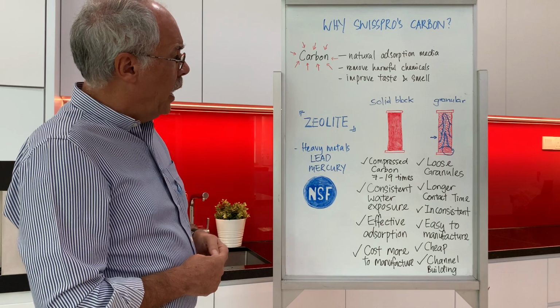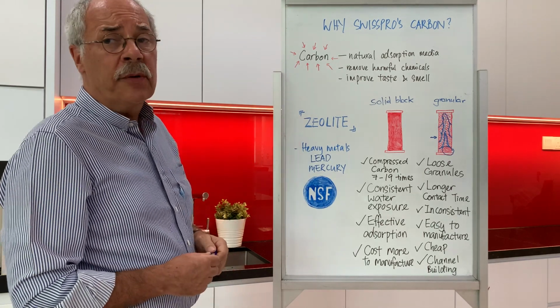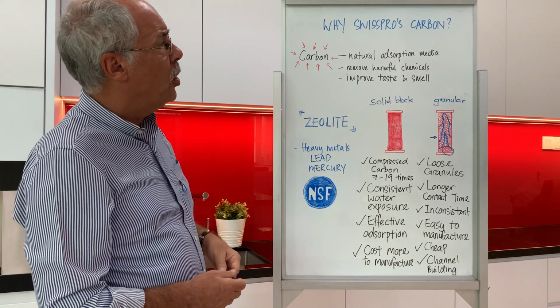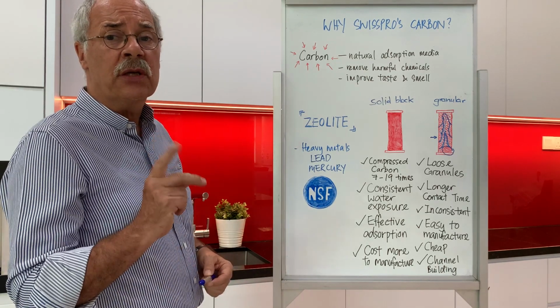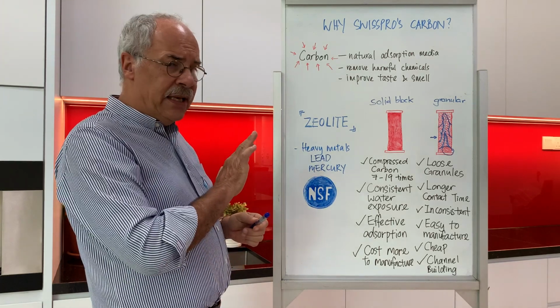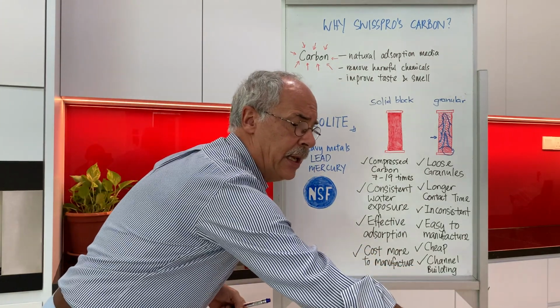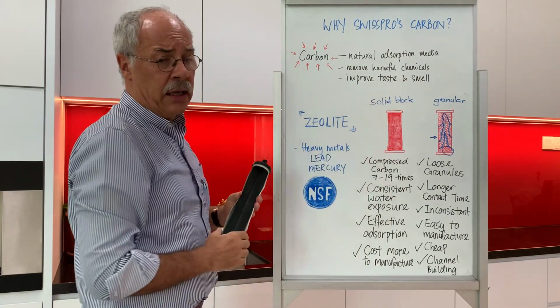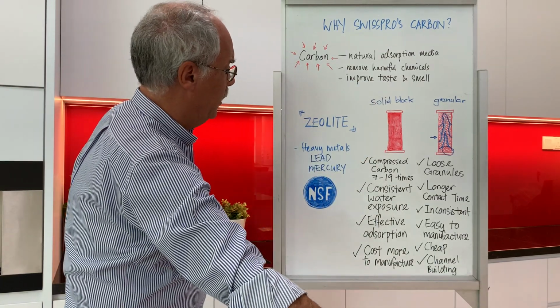Now, one important point in the Swisspro Carbo-Swiss is an additional ingredient called zeolite, which is equally embedded in the carbon block.